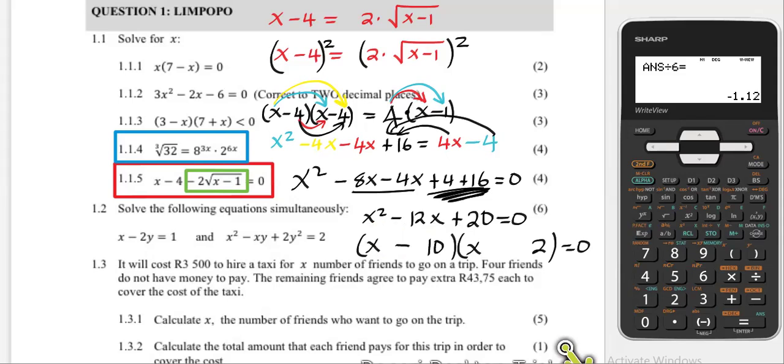So it's a minus and a minus. Now you end up with the first bracket. Now I showed you how to do it, so I'm going to do it quickly. x minus 10 becomes plus 10, so x equals 10. The next one was minus 2, it becomes positive 2, so x equals 2. We good, right? Yeah, got it.